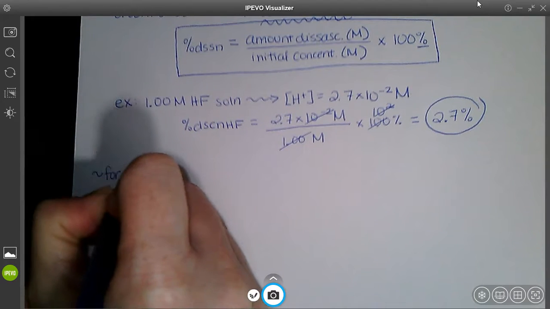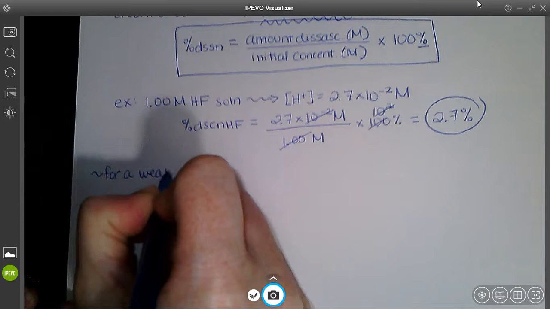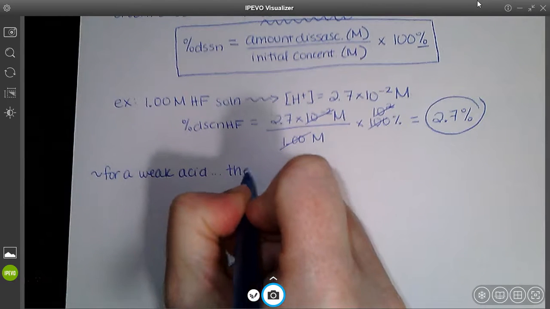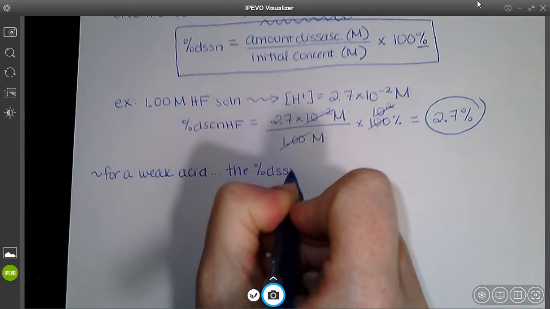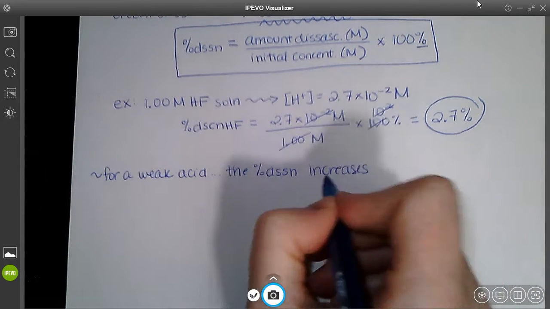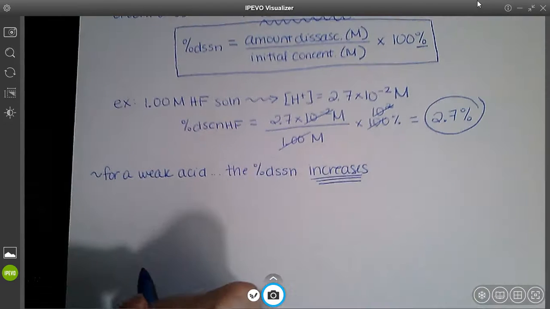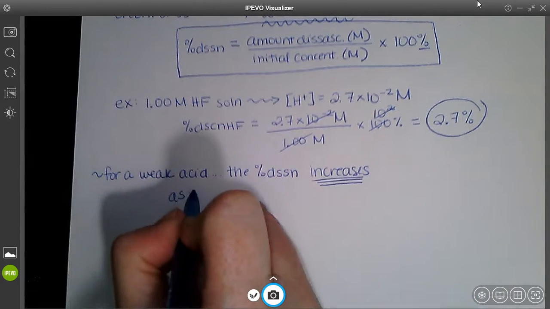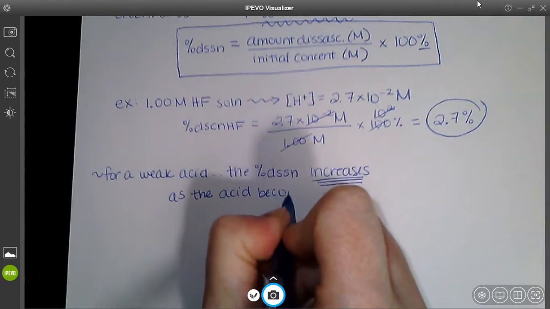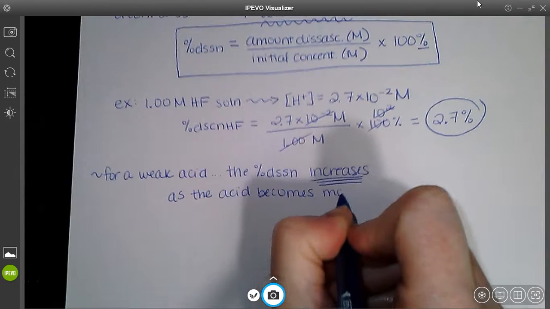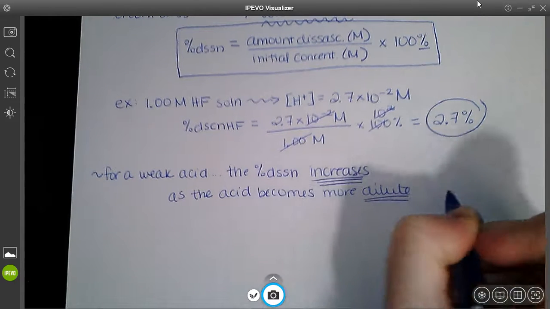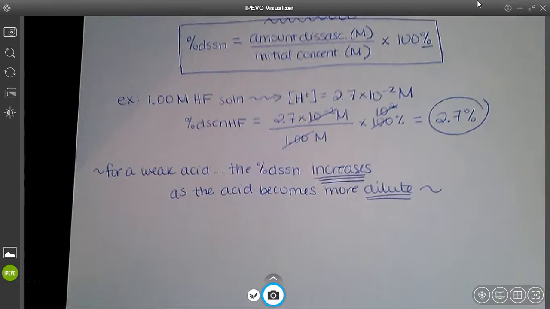So for a weak acid, the percent dissociation increases as the acid becomes more dilute. All right, I want you to write that down.